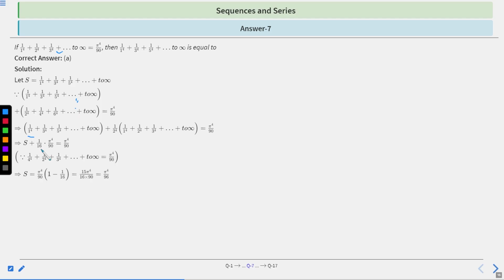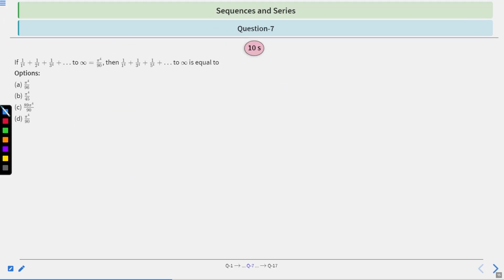So S plus 1 by 16 into this summation, which is given as pi to the power 4 upon 90, is equal to pi to the power 4 upon 90, right? After taking this term to the other side, S becomes pi to the power 4 upon 90 as common times 1 minus 1 by 16. So after solving, the answer is pi to the power 4 upon 96. So I think option A is the right choice.